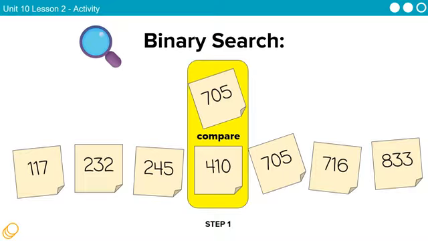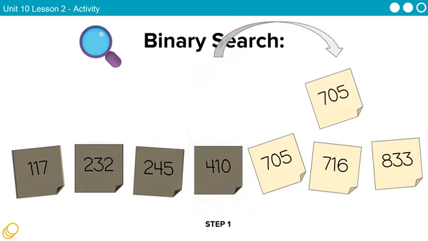Because my list is sorted, I know 705 is greater than 410, so it cannot be to the left of 410. So I would essentially get rid of all of those numbers, and then I would look in the middle from what's left, right? So in this case, I still have 705, 716, and 833. So I would compare 705 to 716.